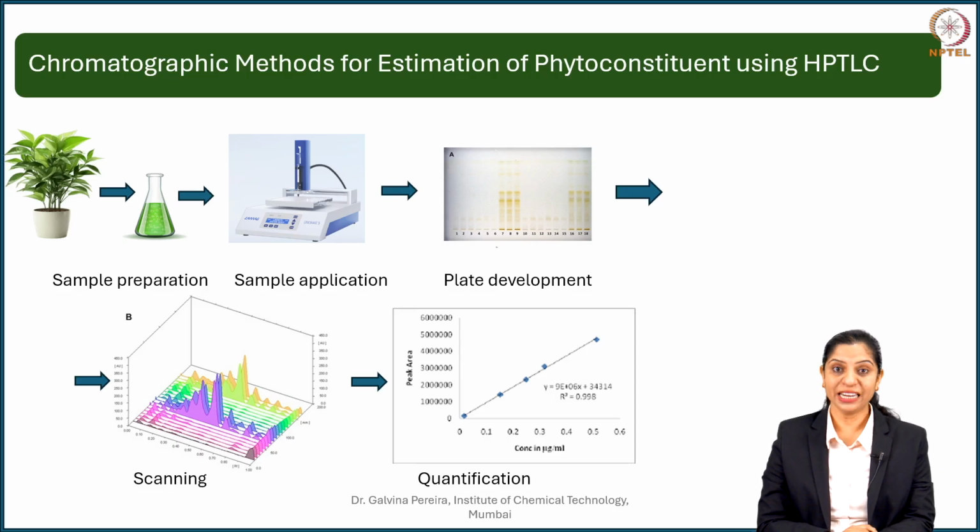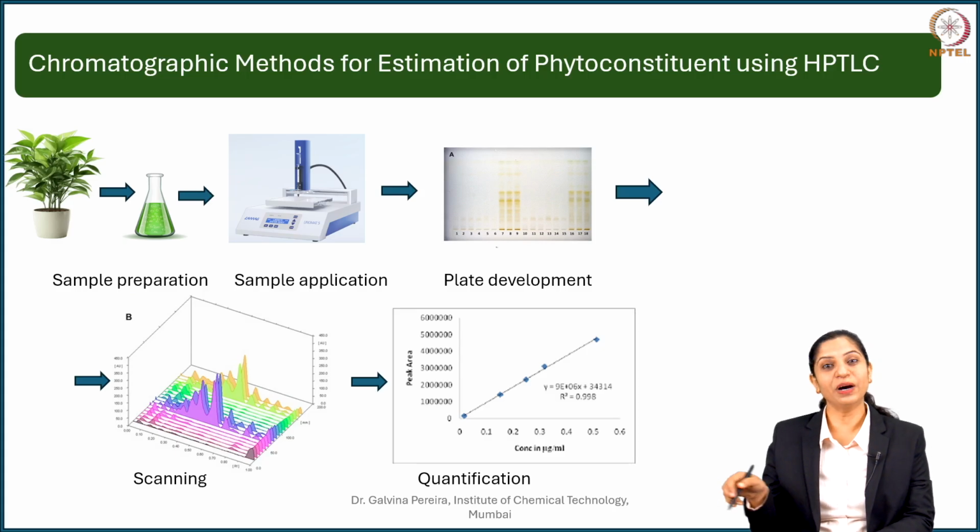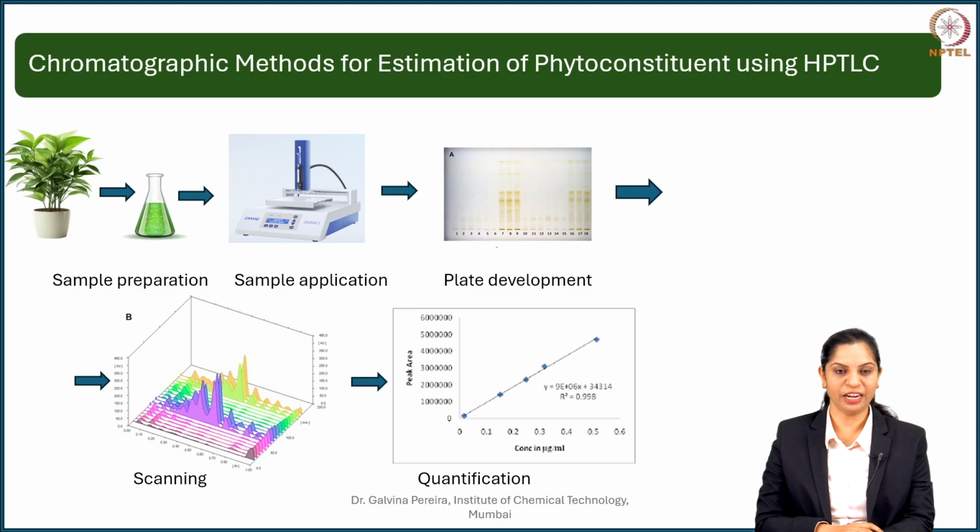Here, since it contains large molecular weight compounds, we can use hydroalcoholic solutions as well as aqueous solutions. But aqueous solutions take a little longer to dry and they often smudge the TLC plate, and as a result hydroalcoholic solutions are preferred here.